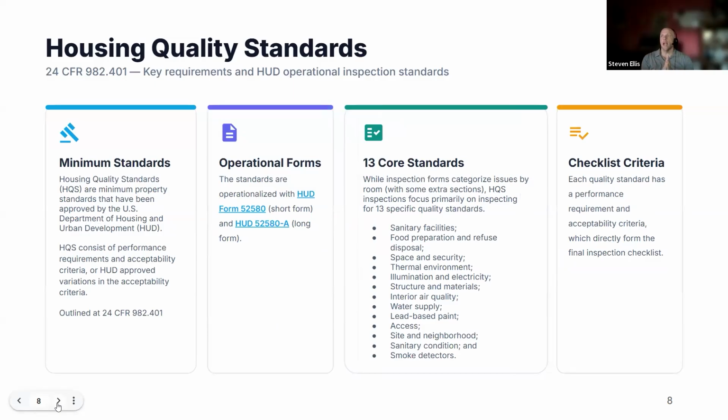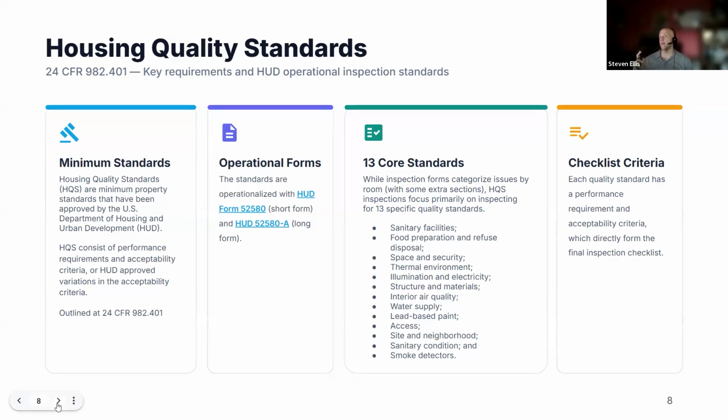So just real quick on HQS, because from these trainings that I've done across a bunch of HUD programs, I feel you all have a much better sense of NSPIRE even before NSPIRE comes out. It's similar to HQS in that HQS just lays out the minimum property standards as approved by HUD. So HQS has a list of performance requirements and acceptability criteria.